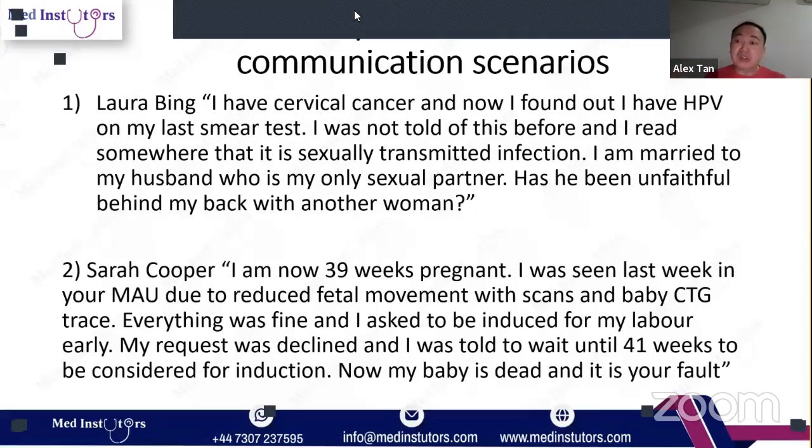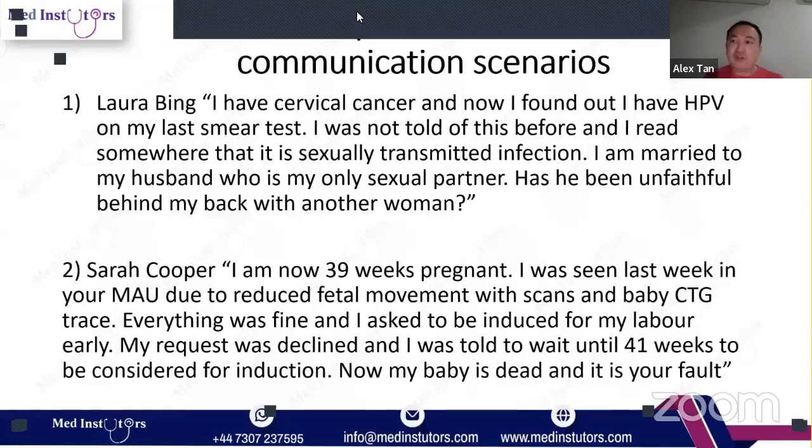I've got a real patient with cervical cancer refusing to have sex for at least a year after she's finished her chemo radiation. Because again, she read that HPVs cause cervical cancer through sex. So she refused to have sex with her husband for a year. And when she came to me for follow-up, I said, I understand that you were traumatized by your treatment and the cancer diagnosis. We are now looking after you.